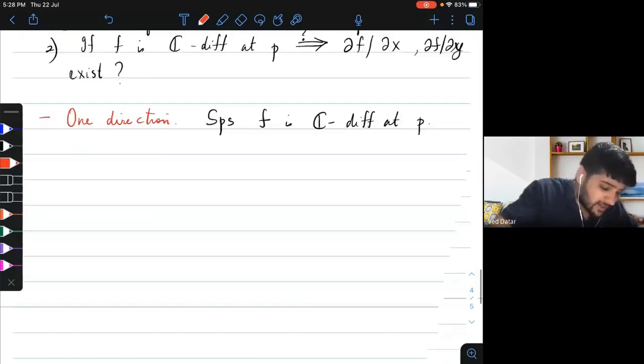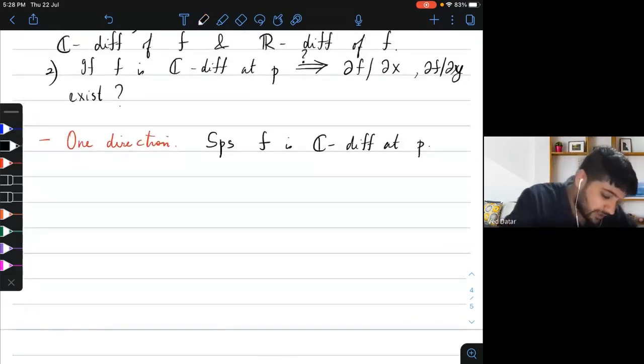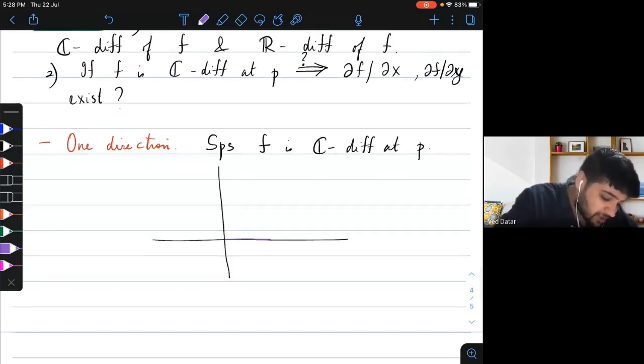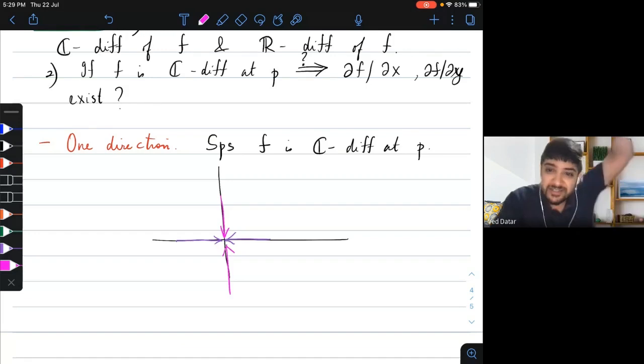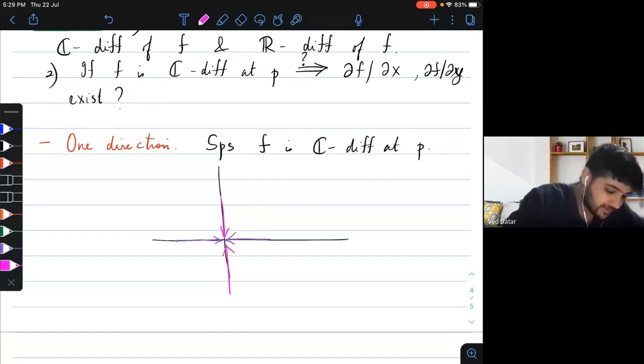Now the idea is to look at the complex plane and basically allow h to go to 0 just along the coordinate axes.